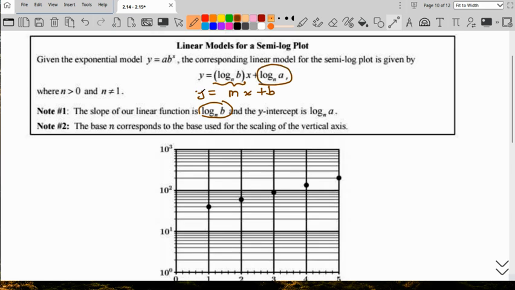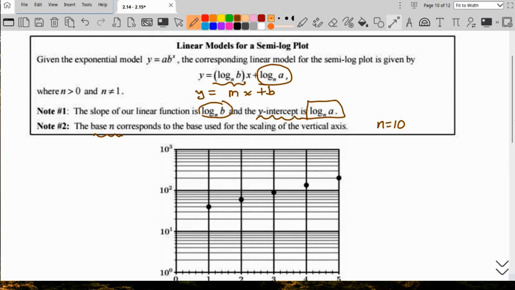Now, this y equals mx plus b is just our slope-intercept form of a line. This is not the same b as we're talking about in the base, but just showing you. So the y-intercept is always log base n of a, where the base n corresponds to the base being used for scaling the vertical axis, which for us, n equals 10. We're using a base of 10 when we scale our y-axis.